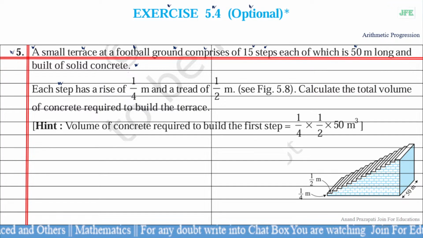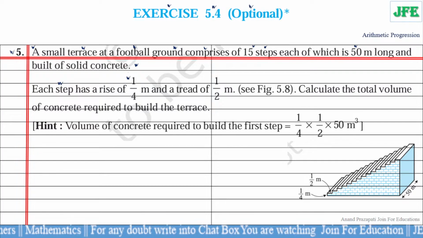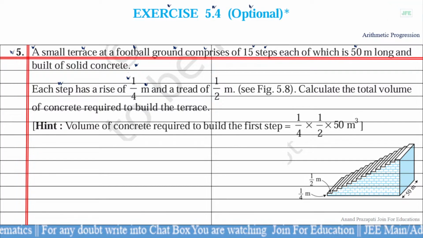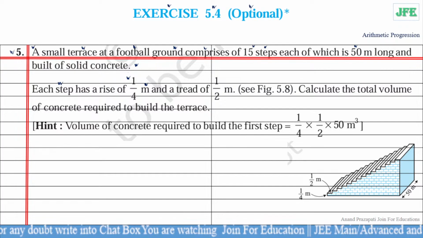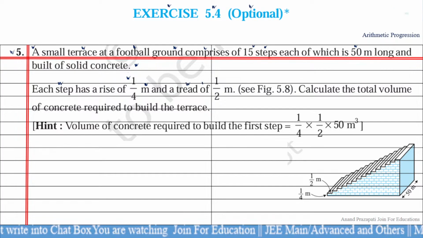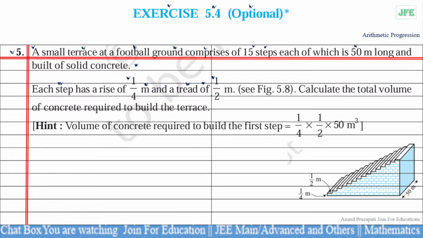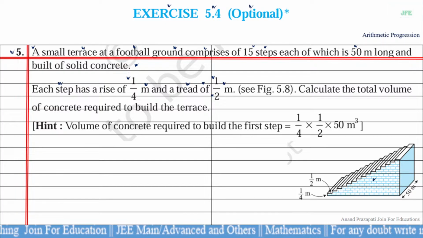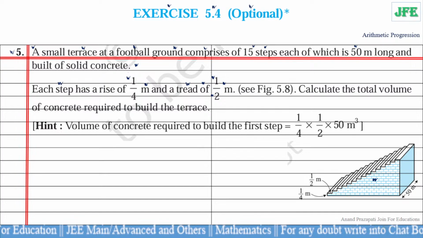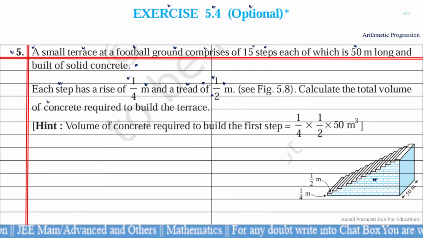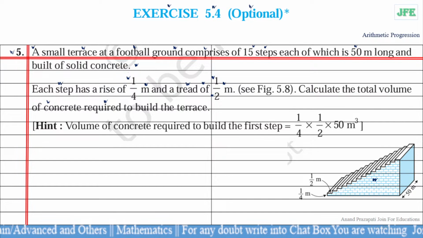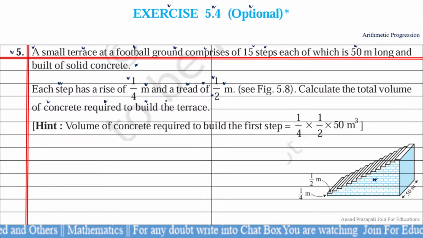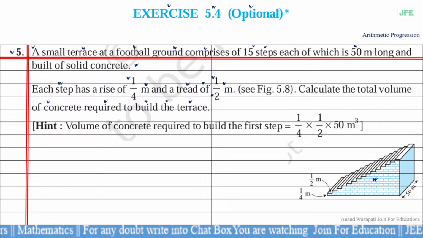Each step has a rise of 1 by 4 meter and a tread of 1 by 2 meter. See figure 5.8. Calculate the total volume of the concrete required to build the terrace.